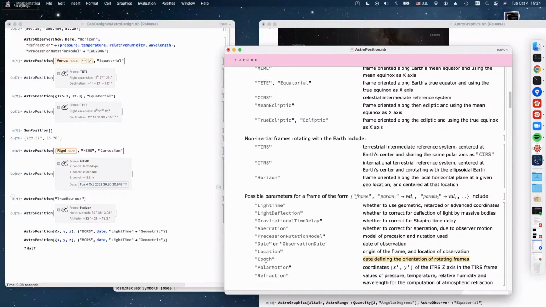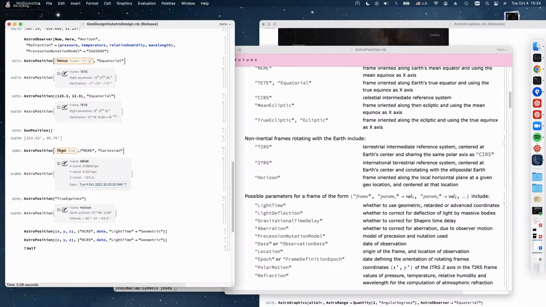But I think that's the frame definition date or something, or frame definition epoch would be a better name, rather than epoch. I see. And you can say J2000, presumably, in quotes. Yes. We can say here, where was Rigel in mean J2000?